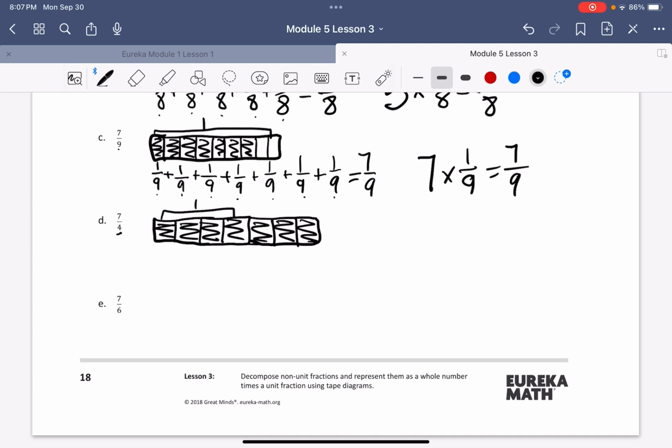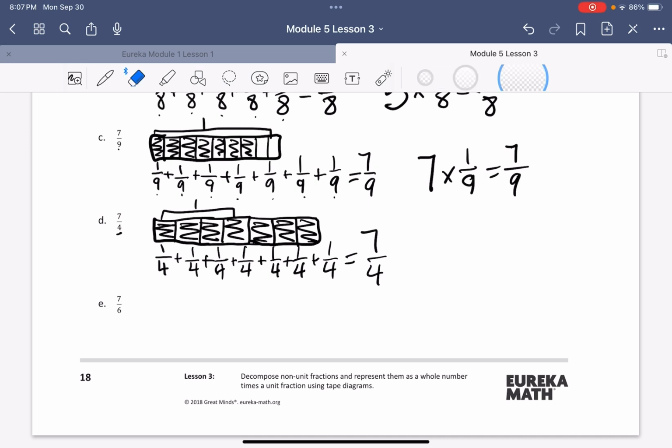When I shade this in, remember we are working with fourths, so each part is worth 1/4. So 1/4 plus 1/4 plus 1/4 plus 1/4 plus 1/4 plus 1/4 plus 1/4 equals 7/4.